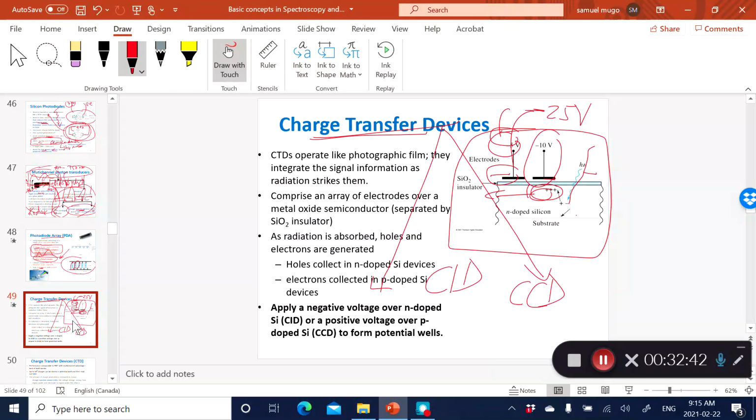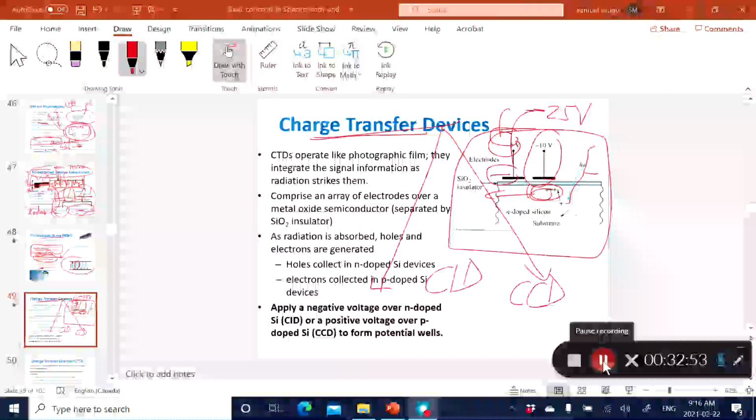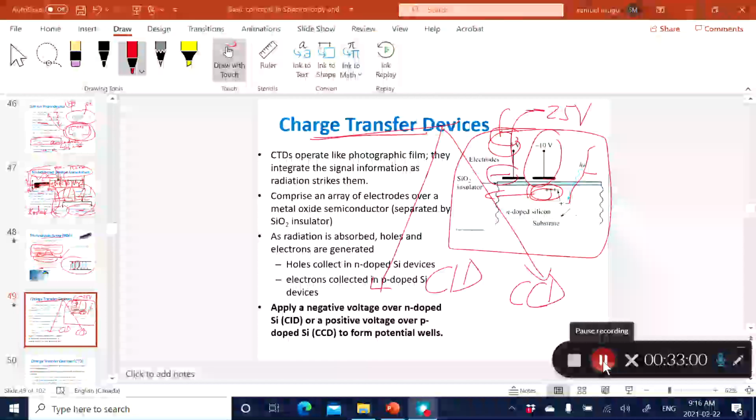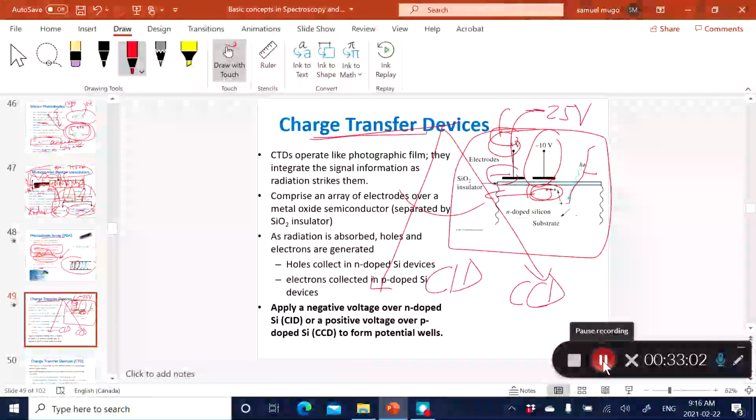Now, the charge coupled device is where you are actually measuring the charge as you're moving these holes to what you call the charge amplifier.